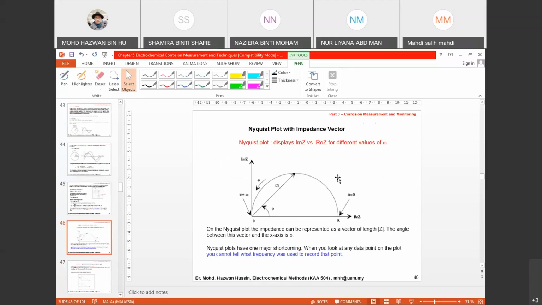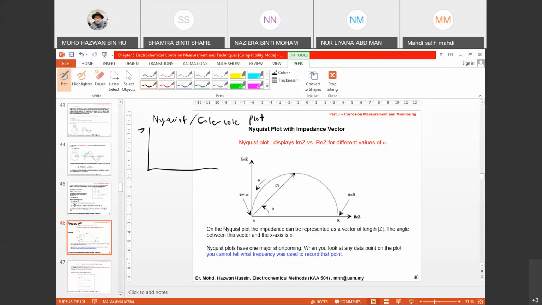Right. Now the Nyquist plot with the impedance vector. The Nyquist plot, as I said, is one of the plots you get when you do impedance measurements. Some people call it the Cole-Cole plot.